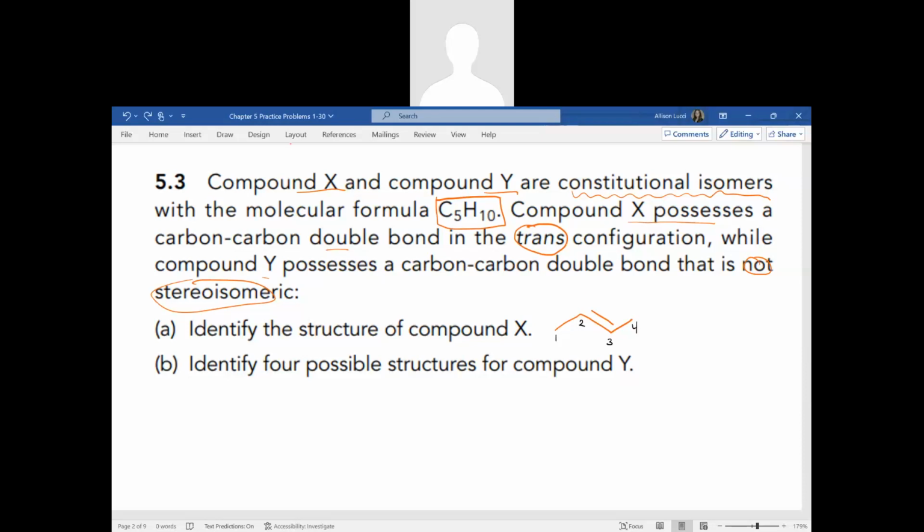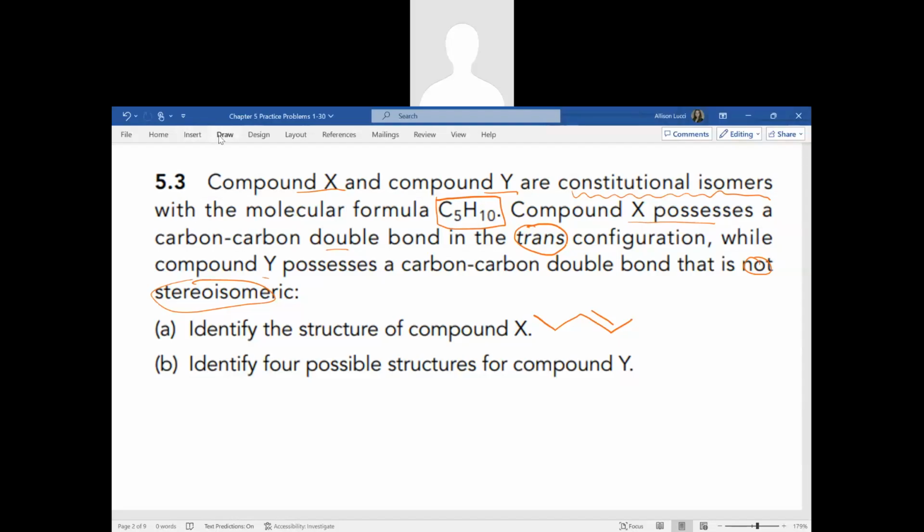We want this to remain a stereoisomeric double bond, so we would have to place it on either allylic position, either on carbon 1 here or carbon 4. So this is one structure that could account for our given molecular formula, C5H10.